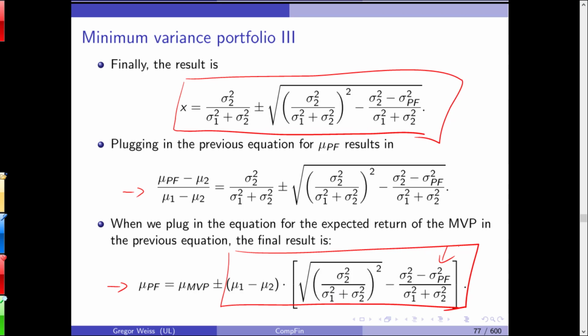If you are accepting a higher portfolio variance, your expected return will be higher. If you are willing to only accept a low level of portfolio variance or portfolio risk, then your premium, in addition to the return on the minimum variance portfolio, will be smaller. This is what this expression tells you.